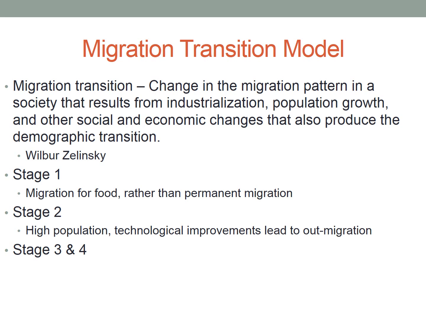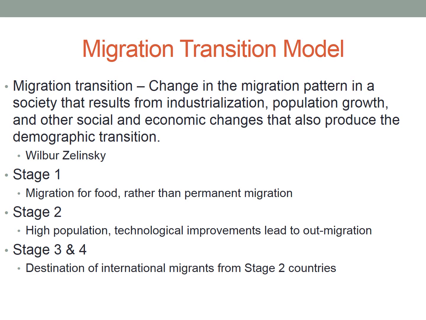So then what about the core? Well, again, we mentioned these are the destination spots for the stage 2 migrants. But again, stage 2 might go to stage 3 or 4, but we're also going to see some migration from stage 3 into stage 4. If we go back and look from the very first lecture, that net migration chart map that we looked at, we saw a lot of out-migration from Mexico.